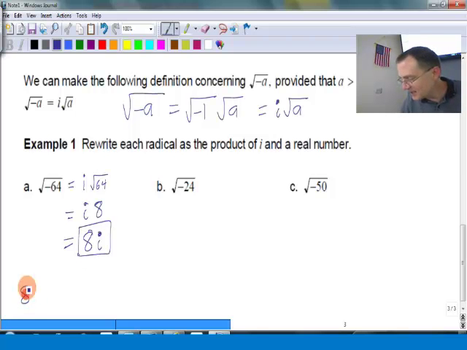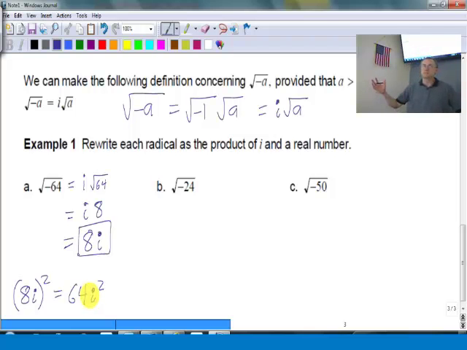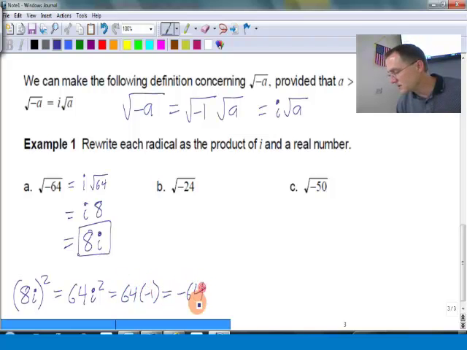If we take 8 times i and square it, would that give us negative 64 back? Well, it would give us 64i squared, right? Square the 8, square the i. But what's i squared? Negative 1. So that's 64 times negative 1, which is, there you go, negative 64.